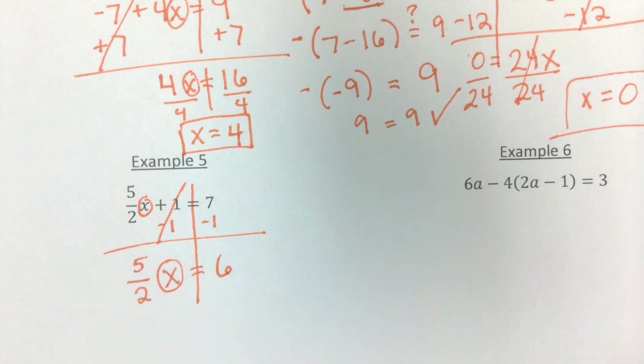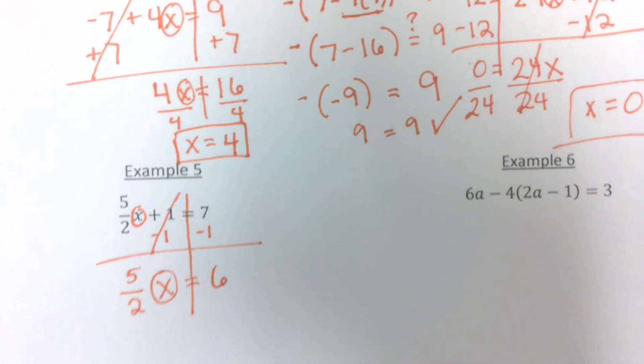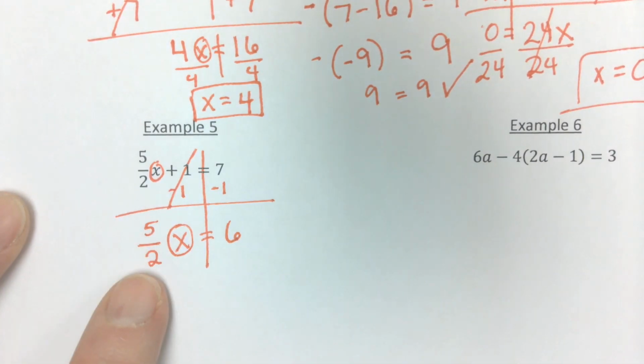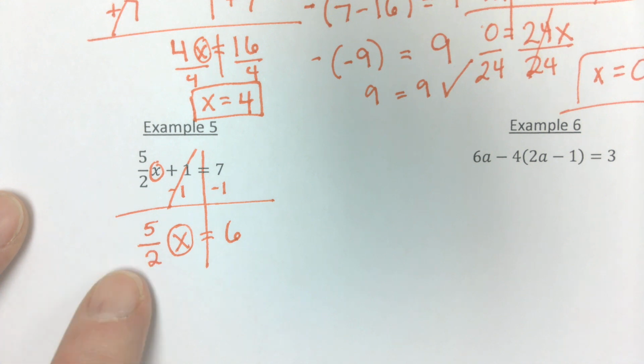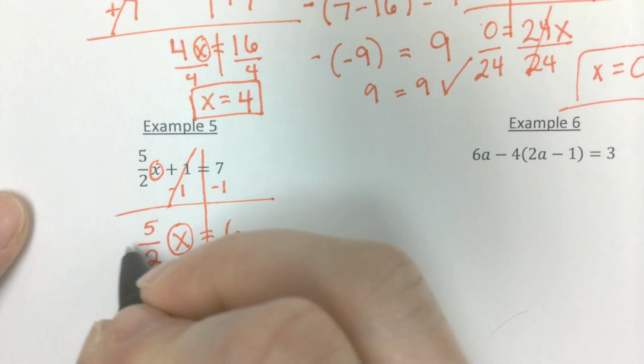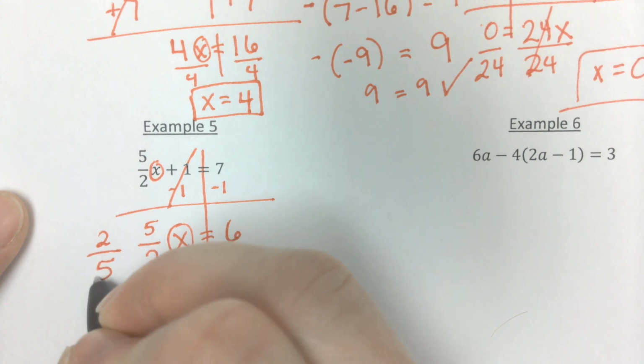We still need to get x by itself. So we would divide by 5 over 2. But if you divide by 5 over 2, that's the same thing as multiplying by the reciprocal, 2 over 5.